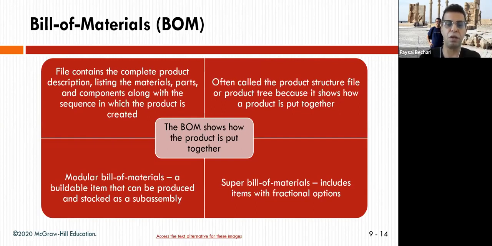So bill of material is a file that contains the complete product description listing the material, parts and components along with the sequence in which the product is created. Often called the product structure file sometimes or a product tree because it shows how to produce these things.